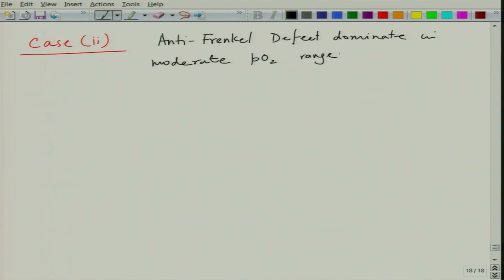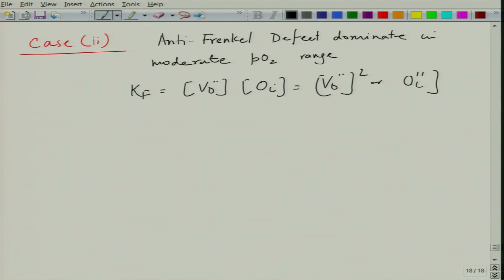If that happens, then in a similar fashion we know that Kf is equal to VO times OI, which is equal to VO square or OI square. Using the same relation between oxygen interstitial and holes, and oxygen vacancy and electrons that we used in the previous case, we can determine what is Ne.